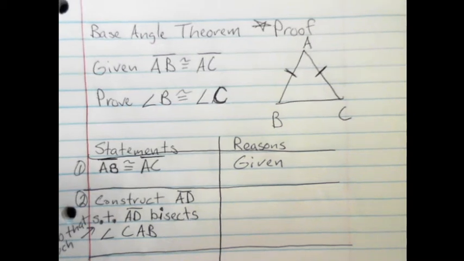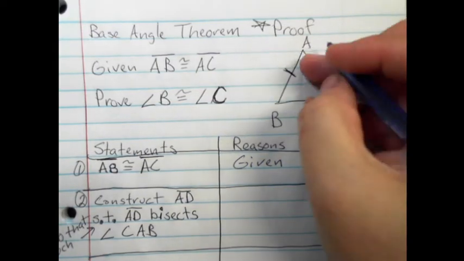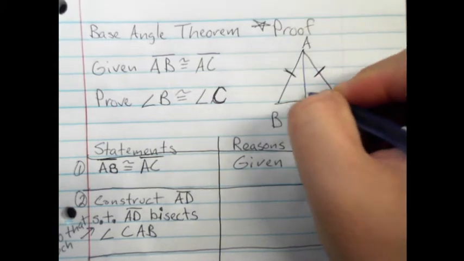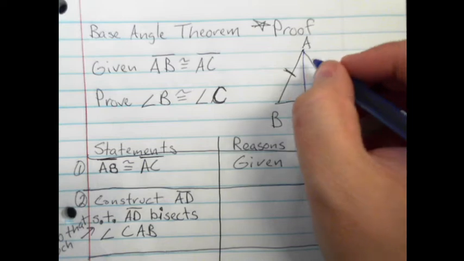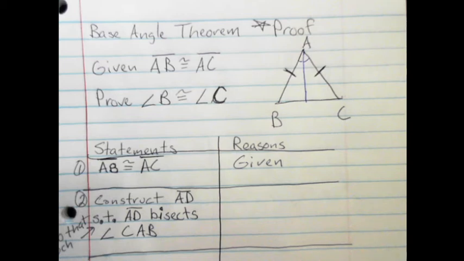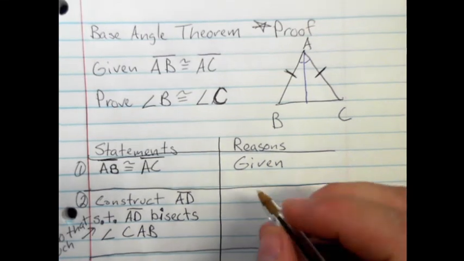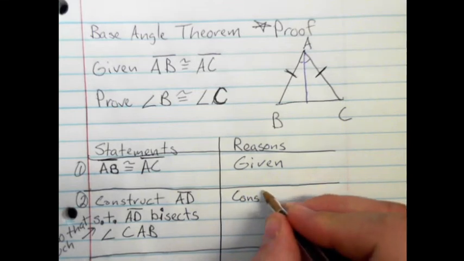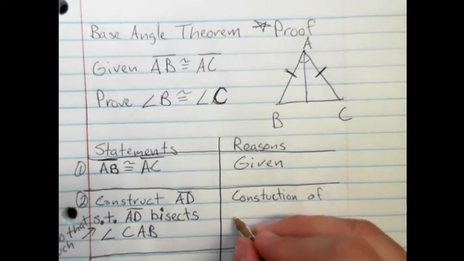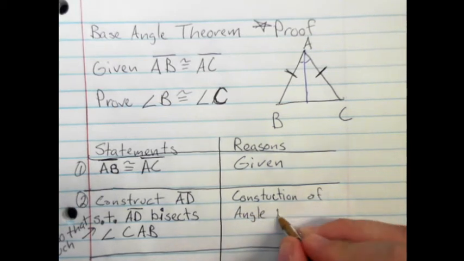So now what we're asked to do is draw a line from A to D in such a way that it bisects the angle CAB. In other words, this little angle here and this little angle here are the same. And this is the reason: this is a construction of an angle bisector.